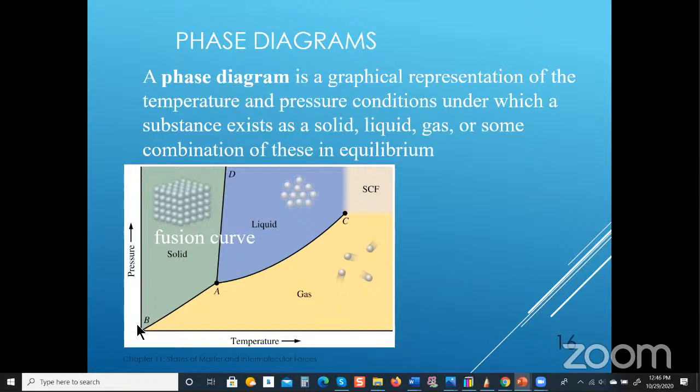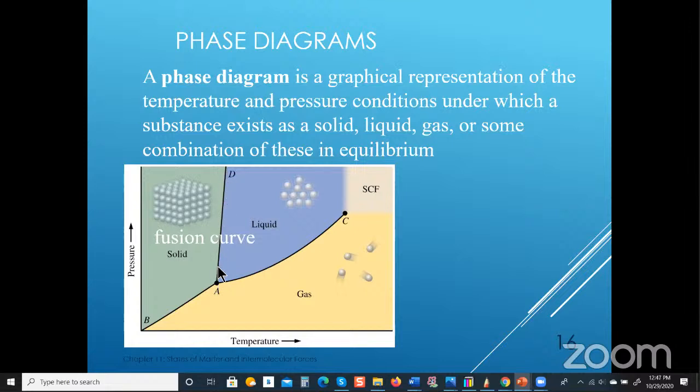And you have the curves, which represent the different temperatures and pressures where different states coexist at equilibrium, all right? So the first line we're going to talk about here is the fusion curve, which is going from A to D right here.